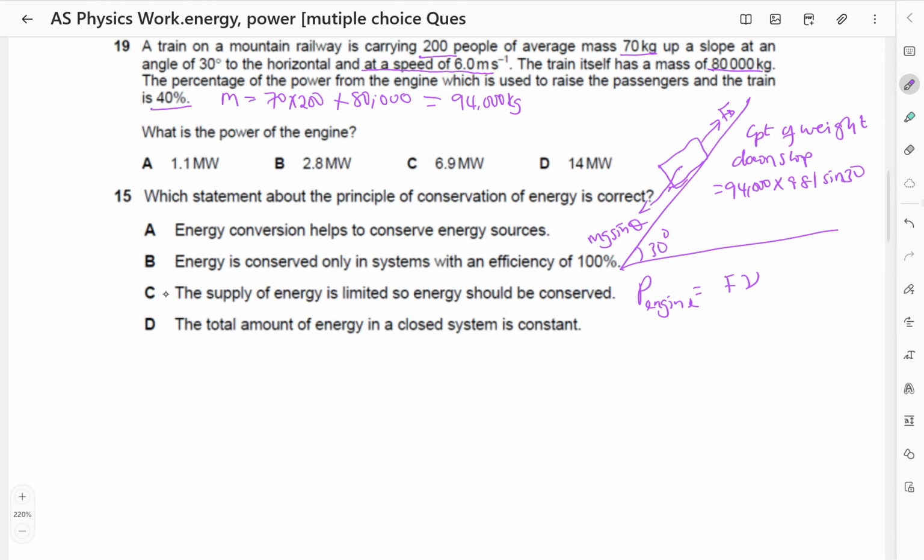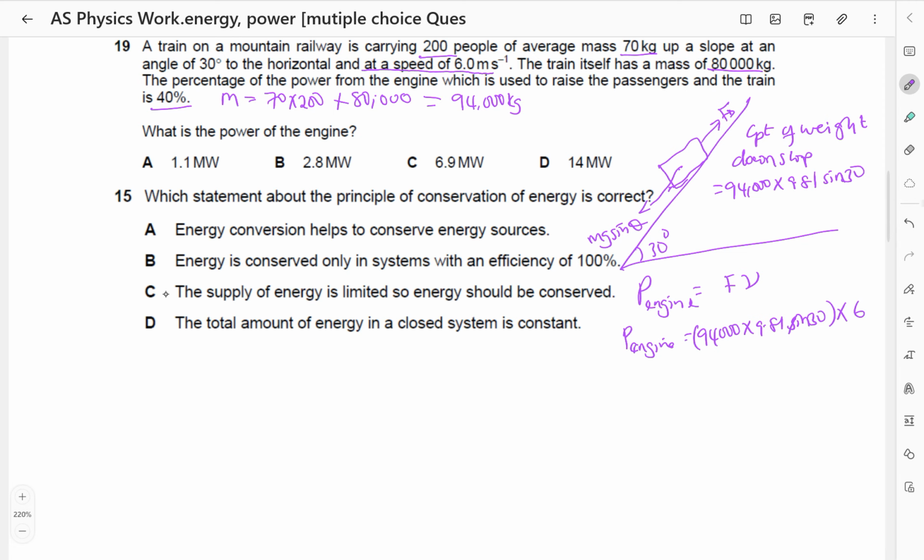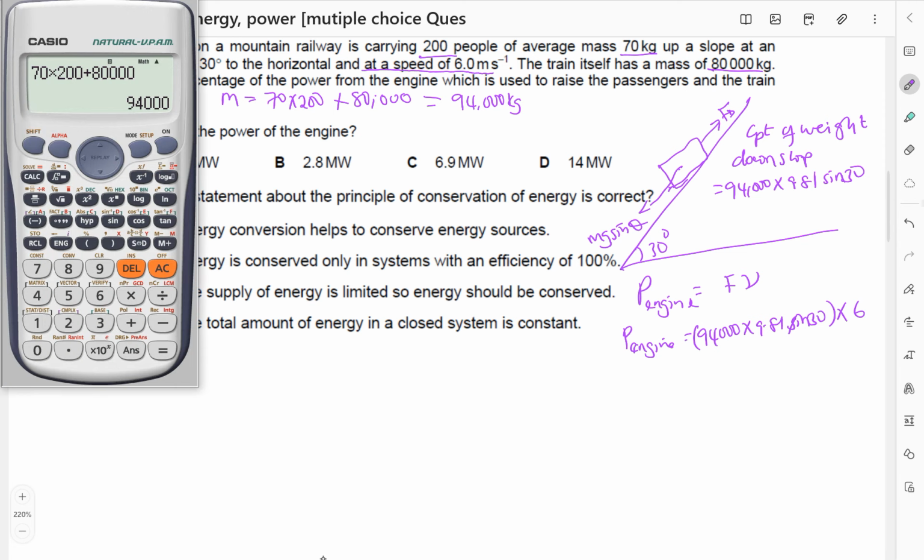So the power by the engine is going to be equal to 94,000 times 9.81 sine of 30. Then I multiply this by the velocity, which is 6. So let's see that power.